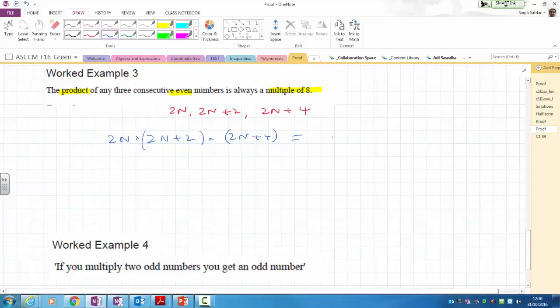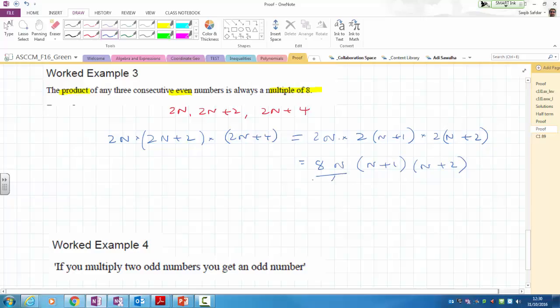And we can tie that up by factorising, so you've got 2n times 2 times n plus 1, and then times 2 times n plus 2. And then you've got 2 times 2 times 2, which gives us the 8n. And then you're left with an n plus 1 inside and an n plus 2 inside.